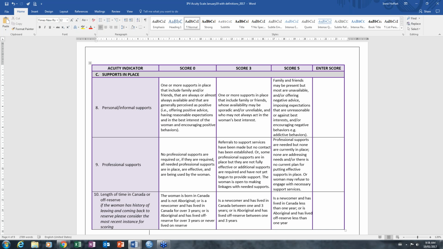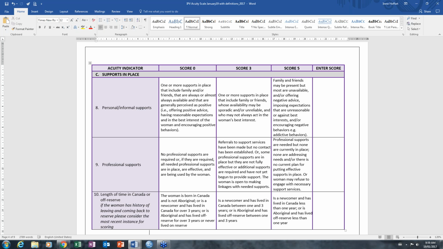Now what we're trying to get at is not just the number of supports or who they are, and in fact primarily not the number, but mostly the perception of whether or not those supports are positive. You could have lots of people around you but not get positive supports.